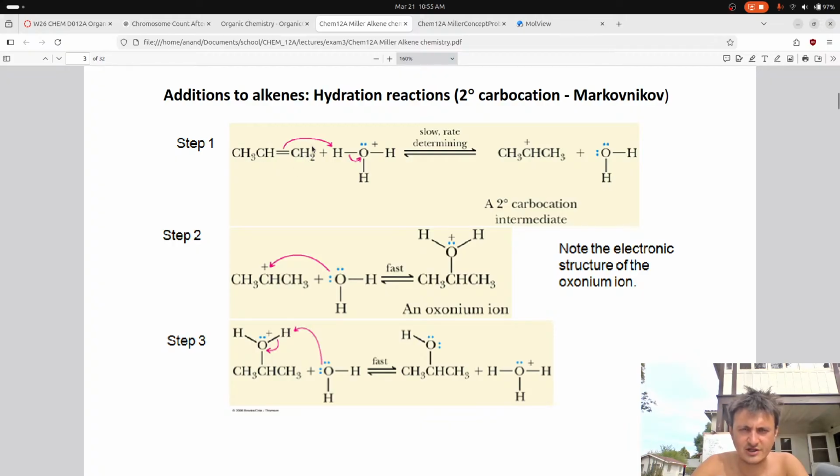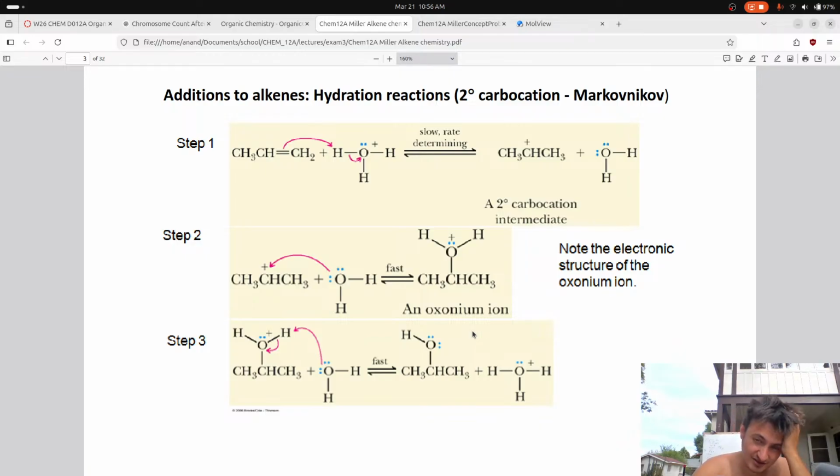Well, you'd get a hydride shift to stabilize the carbocation. But then what happens to the carbocation is that another water molecule attacks, but then another water molecule steals the proton. And so you end up with addition of water to the alkene.